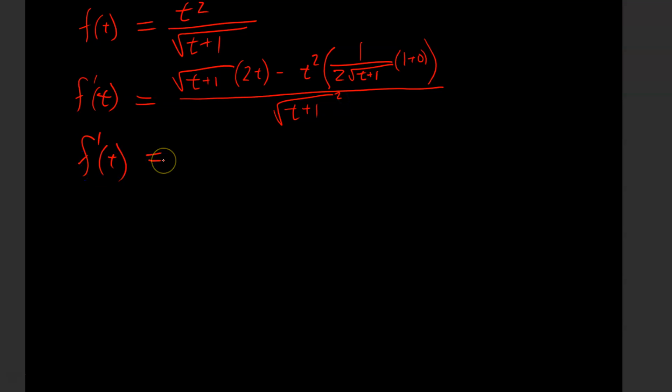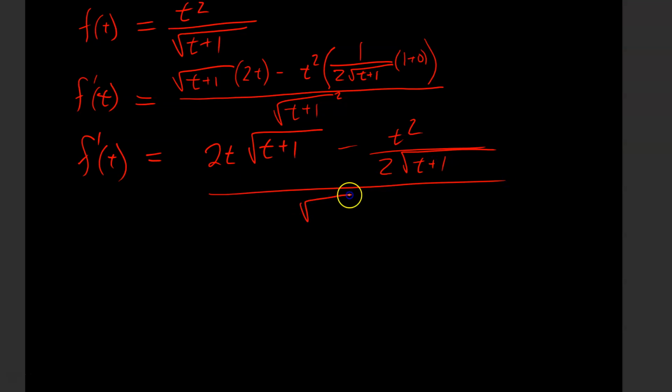So let's simplify this a little bit. The first term is going to be 2t times the square root of t plus 1. And the second term is going to be t squared over 2 root t plus 1, all over... I think the best way to go is to split this into two pieces.